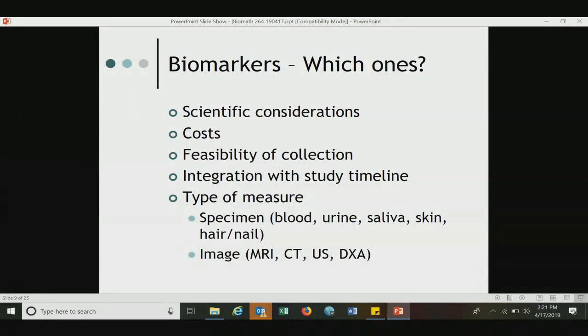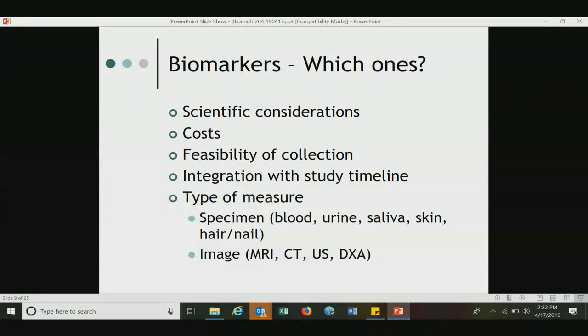Depending on what you're looking at, you may have some wiggle room. You may be able to measure something within 7 days. If you're looking at salivary cortisol, you got to measure first thing in the morning, and you got to get it first thing in the morning. Getting it at 3 hours after somebody has gotten up is not that helpful.